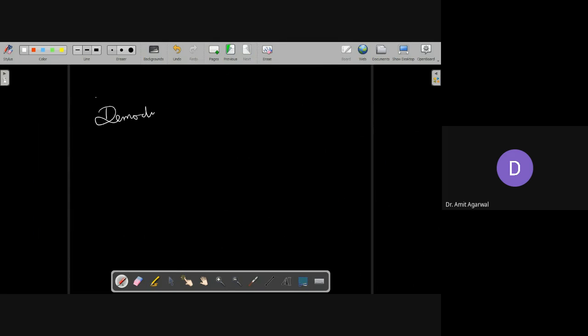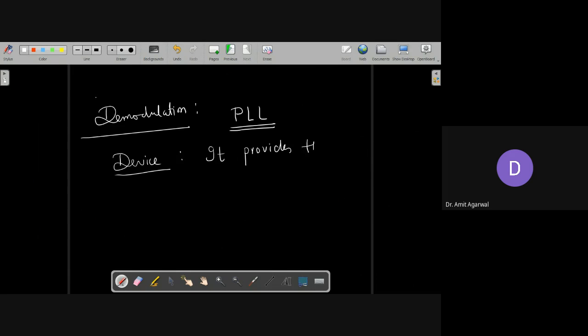In the very beginning of our class, I told you that we will use a phase locked loop, and this is a device for you. Just think of it as a device that provides you the same frequency and phase of the input wave.